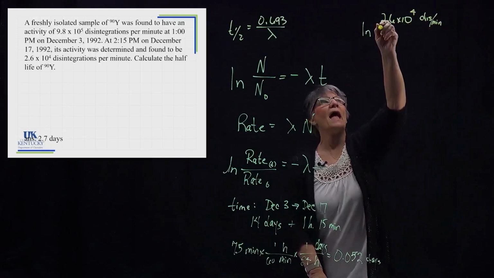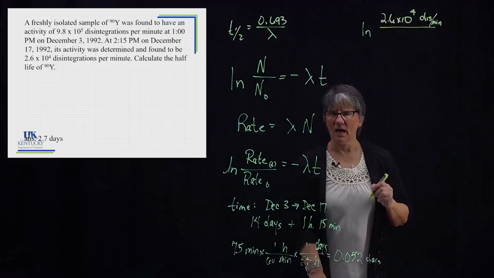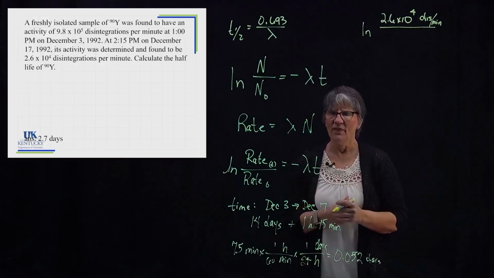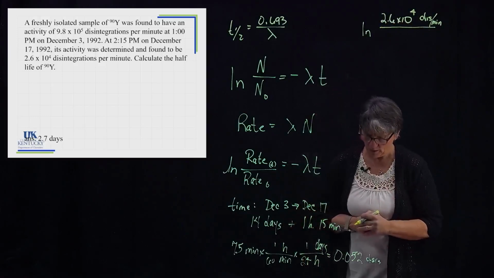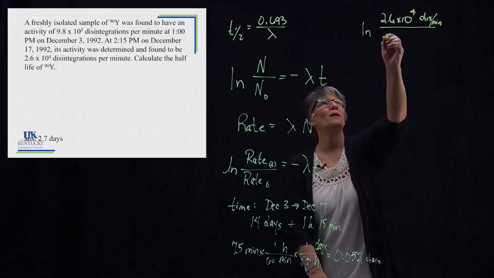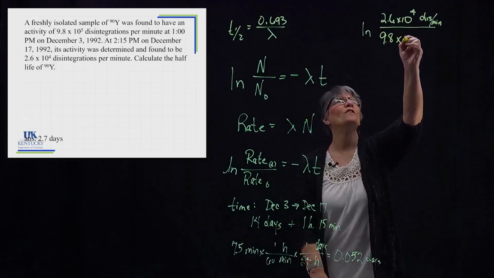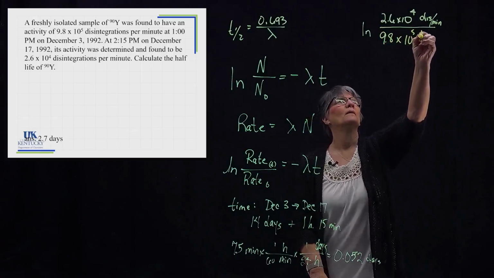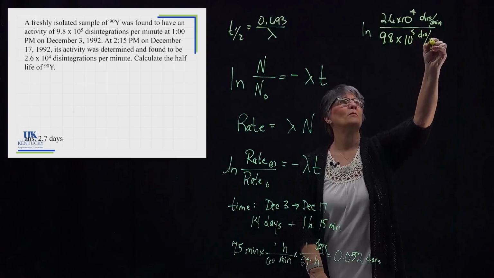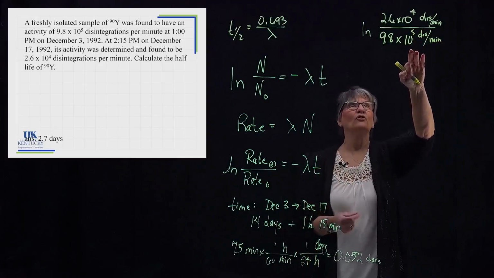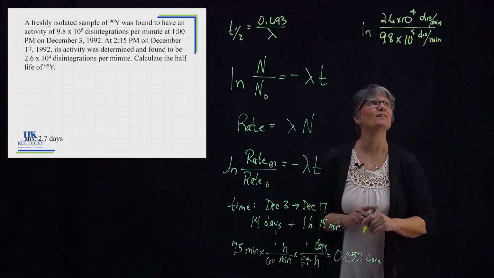And at the initial time, if you look back at the problem that's given to you, it's 9.8 times 10 to the 5th disintegrations per minute. So it's slowing down. It started out faster, so it makes sense that that's a smaller number.